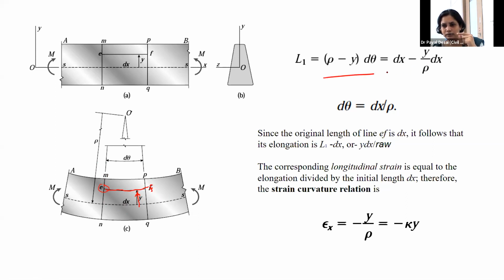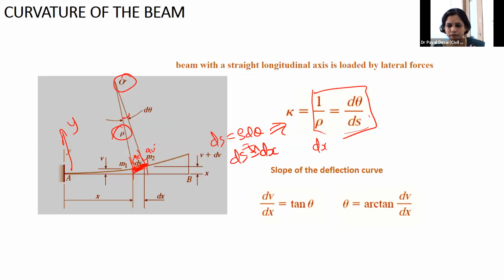And then you may simplify: rho d theta is your dx, and you simplify it further, you just take the strain definition from this, and you get the strain in the beam as minus y by rho. And these observations are very similar for the strain curvature relation in the case of plate also.